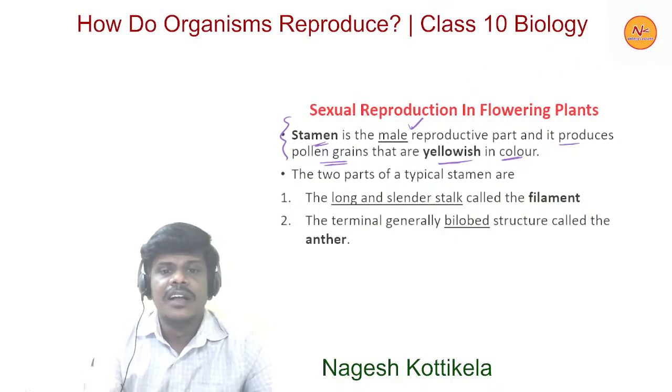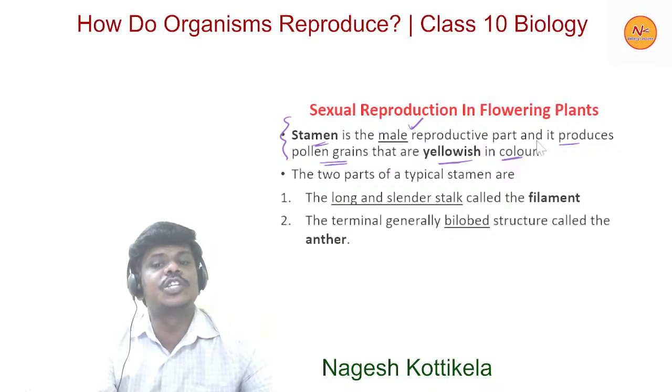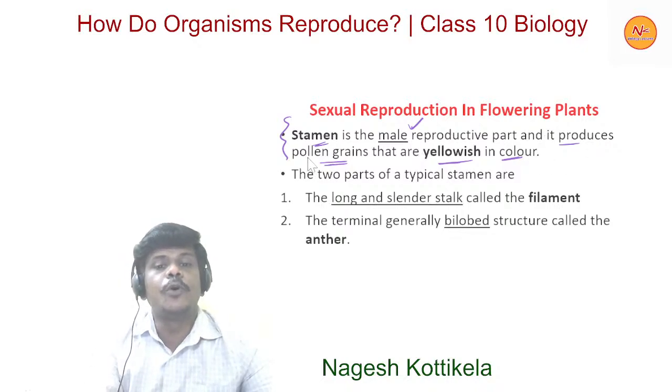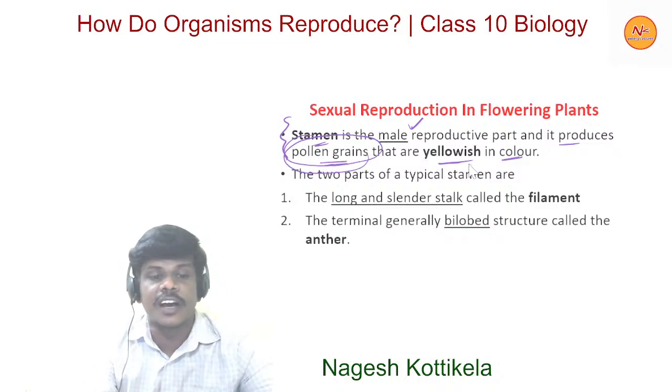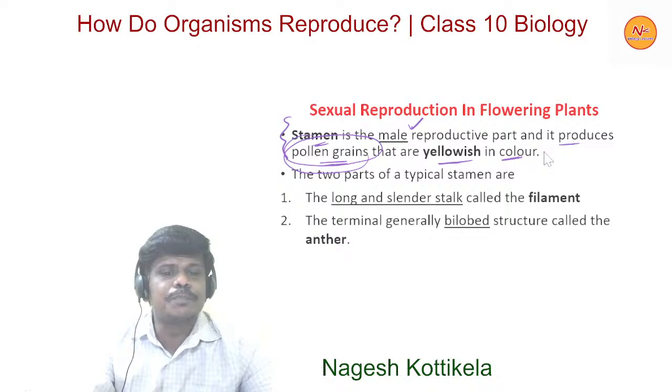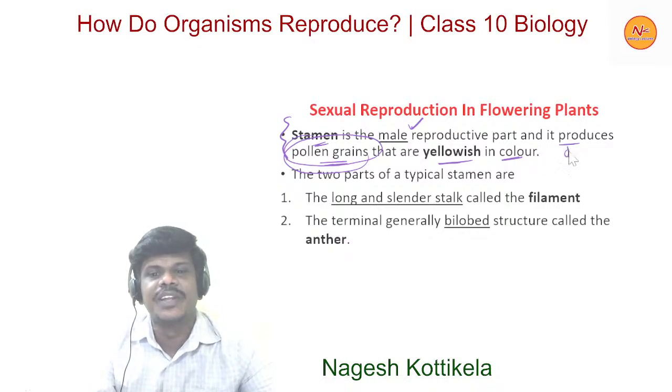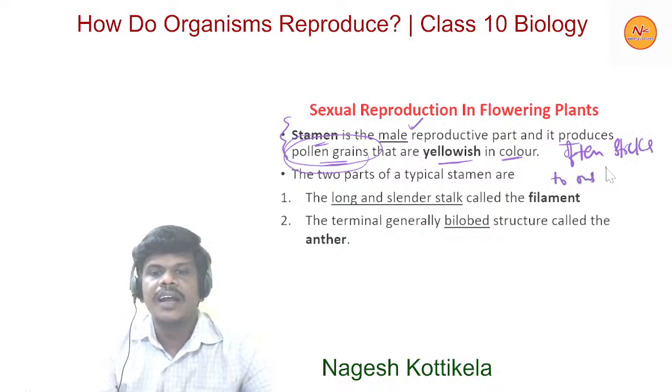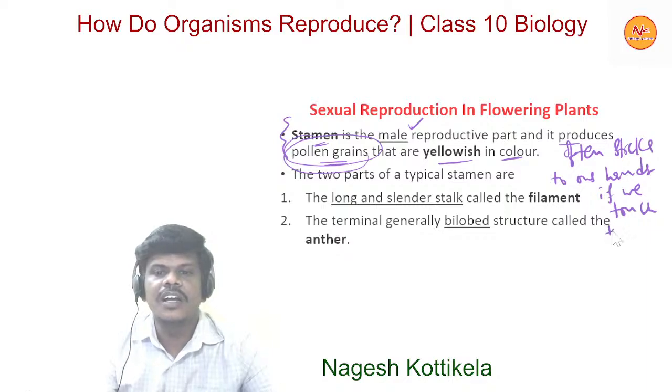Here the stamen is a male reproductive part, and it produces pollen grains that are yellowish in color. This yellowish powder often sticks to our hands if we touch the stamen of a flower.